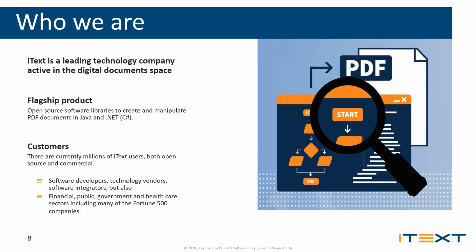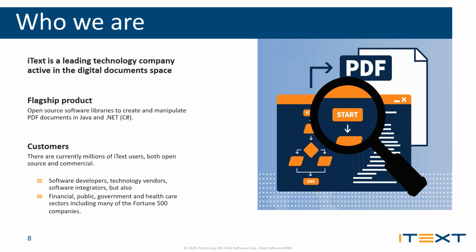So who we are as a company. iText is a fast-growing technology company. We are very active in the digital document space, and we are also perceived as a leader when it comes to PDF technology. Our flagship product is iText 7, a completely open source SDK to create and manipulate PDF documents, which is available under a dual licensing scheme.